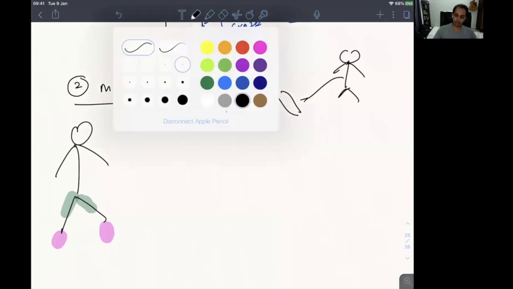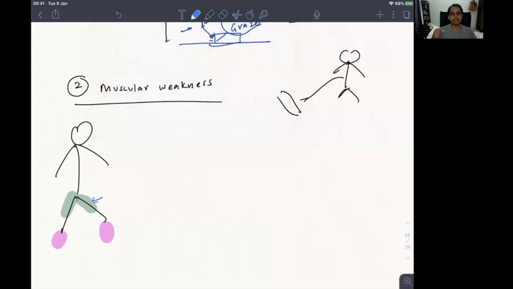Okay, so your proximal muscles are involved more in a muscular weakness. So in a muscular dystrophy, for example, or any myopathy, it will be your quadriceps, the gluteal muscles that are involved more. So now, if you're going anatomically, then the muscular weakness will be higher up from the neuropathy.